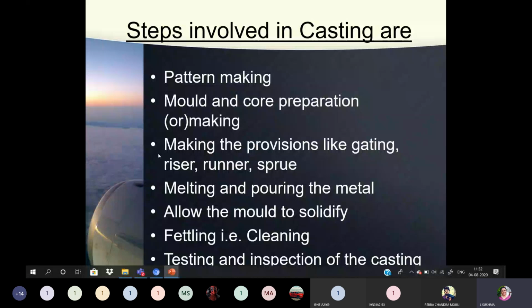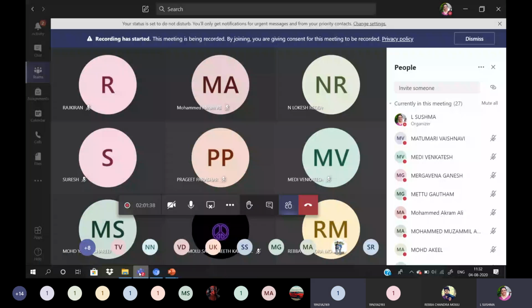No one is there? Are you not able to hear me? Ganesh, is Ganesh there? Yes, ma'am. Yes, tell me what's the difference between expandable molding process and non-expandable molding process.